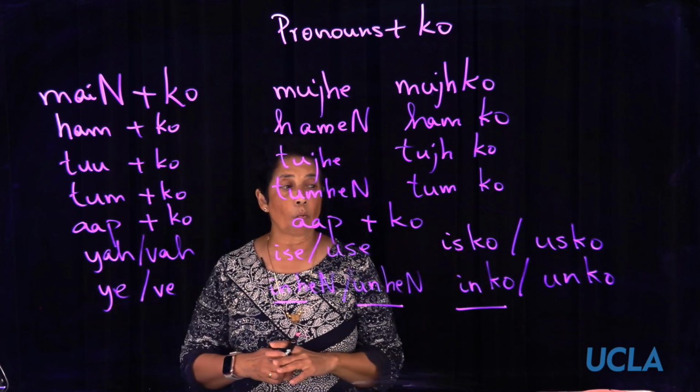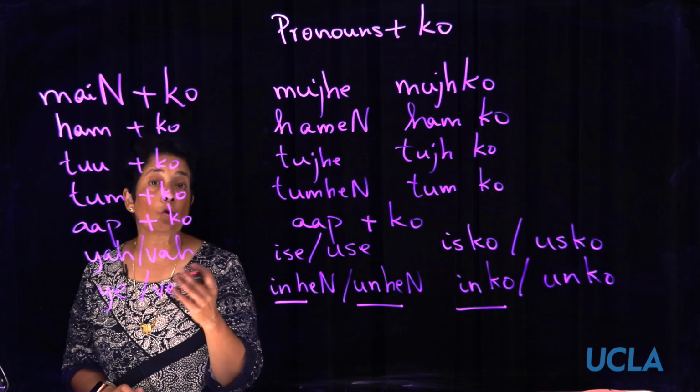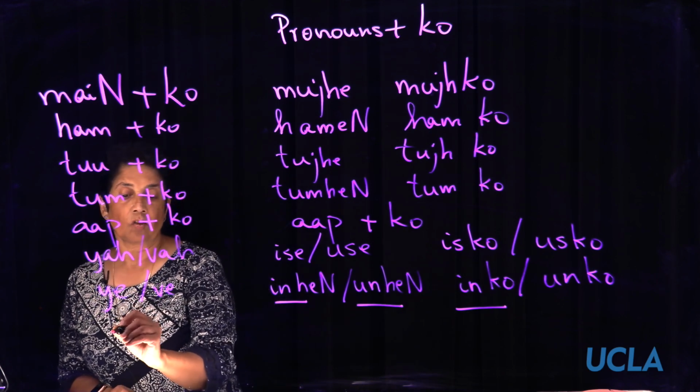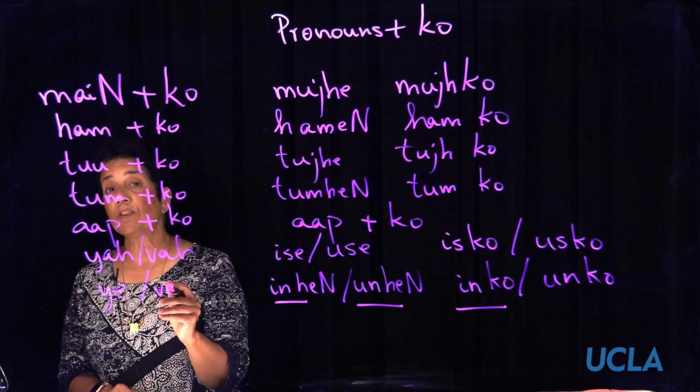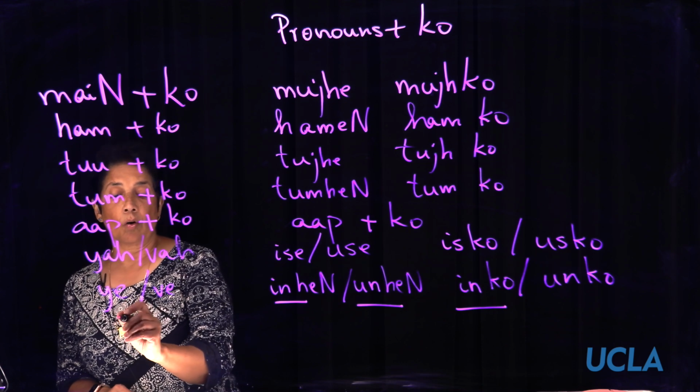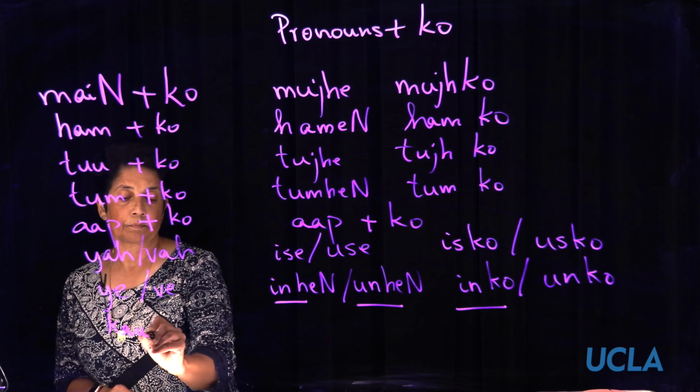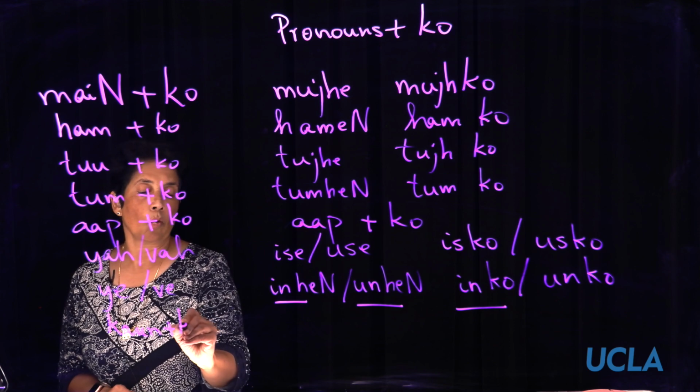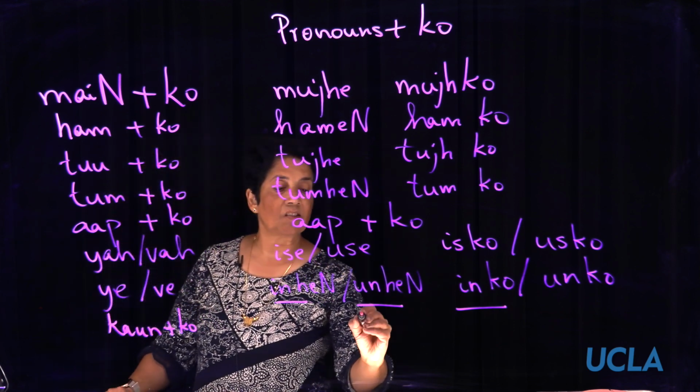Anyway, so one last thing is adding it to a question word. So if you want to say whom, so kaun plus ko will become kisko.